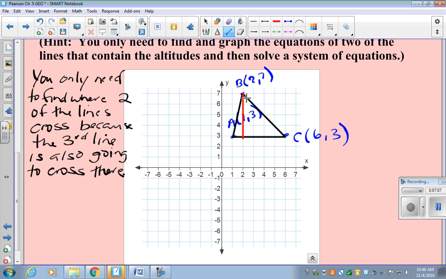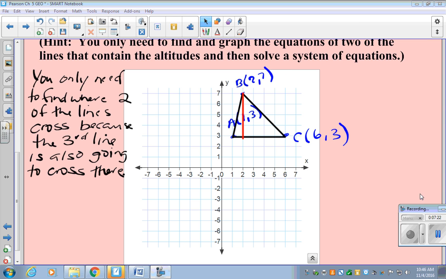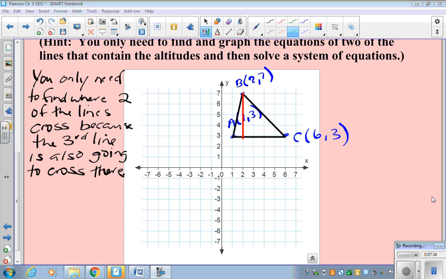So to find the line that's perpendicular to BC, we're going to find the slope of BC. So my perpendicular line is going to be somewhere here. The slope of BC is y2 minus y1 over x2 minus x1.